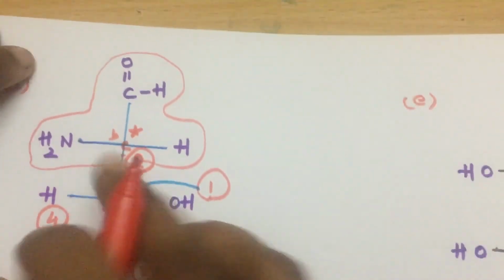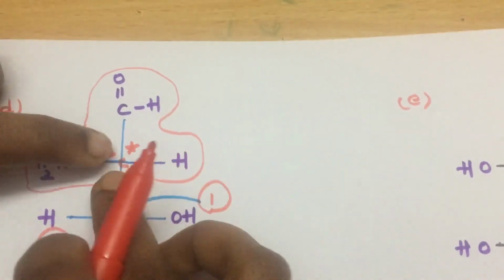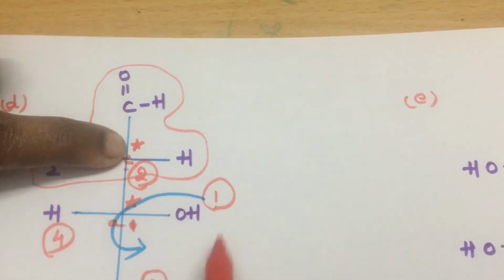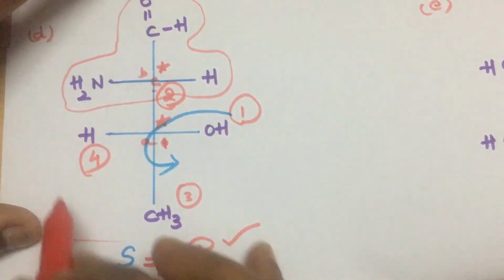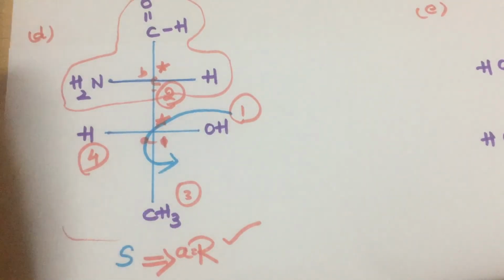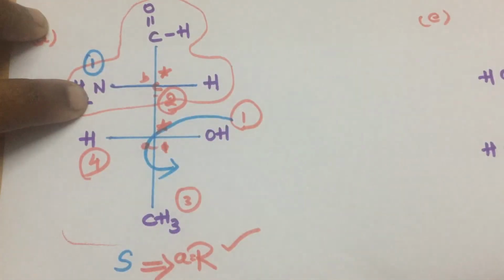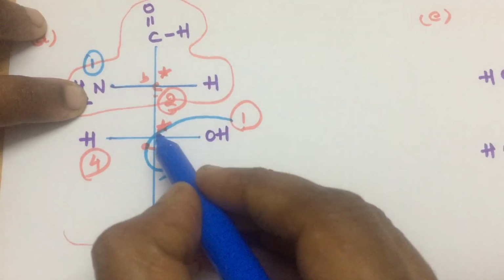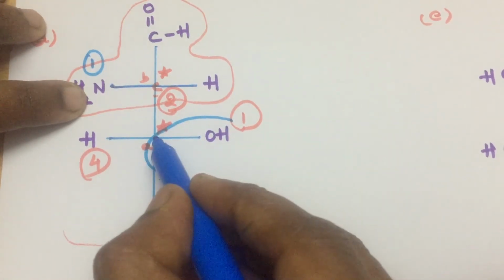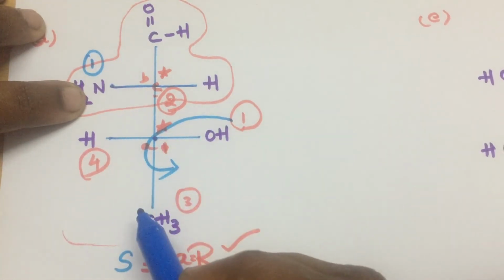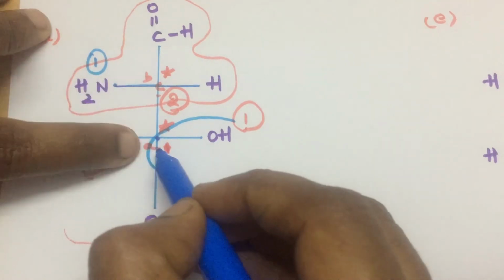Then B. How to label this carbon? This whole thing becomes a substituent here. So let's assign the numbers. The first priority goes to nitrogen here. Now how can we give numbers to the others?